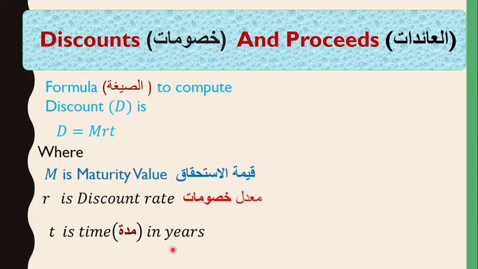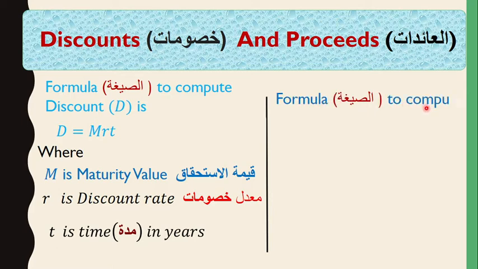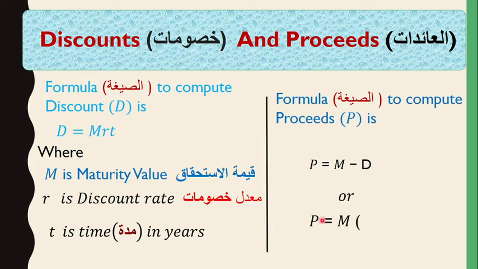Now the formula to compute proceeds is P is equal to M minus D, where M is the maturity value and D is the discount. This can also be written as P is equal to M into (1 minus R T). So these are the rules to compute the proceeds, and these are the rules to compute the discount.